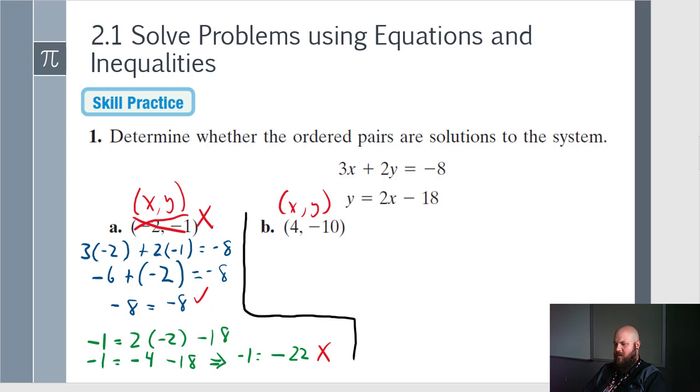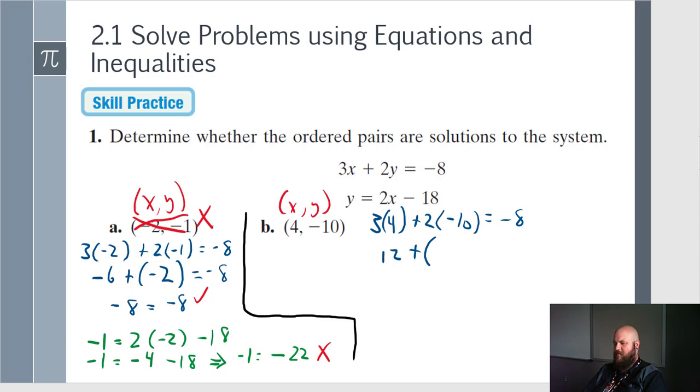All right, so we have 3 times 4 as our x, plus 2 times y, our -10, and that should equal -8. Okay, so we have 3 times 4, which is going to be 12, and then plus 2 times -10.